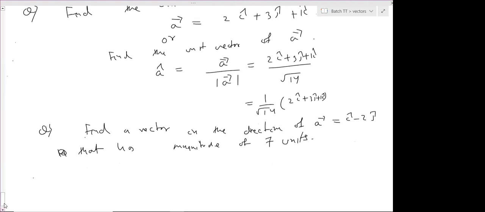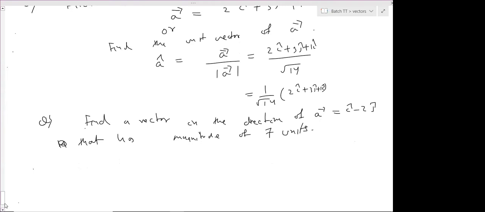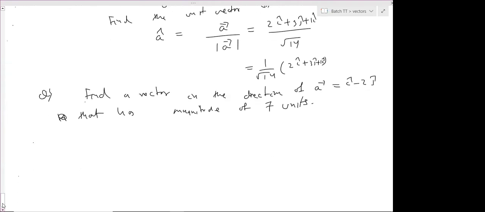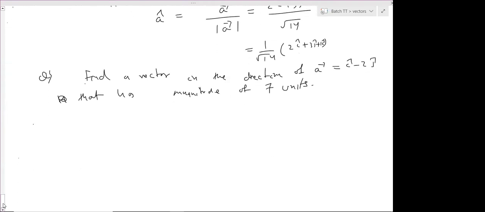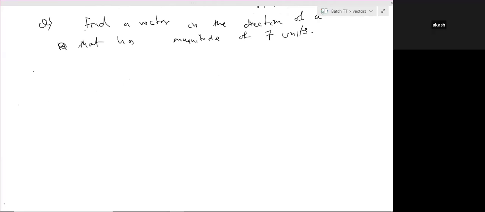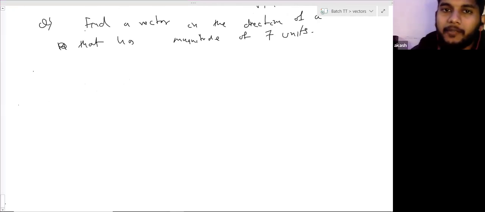And this question I'm going to solve. Whenever they say find a vector in the direction of another vector, remember that you have to find unit vector. All right. What is the point of unit vector, right? Magnitude is 1. So we use that to get the direction of any vector.